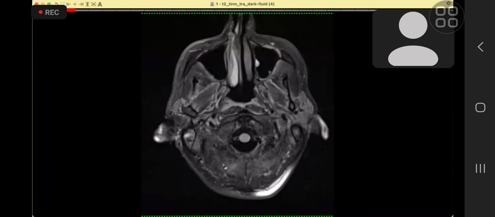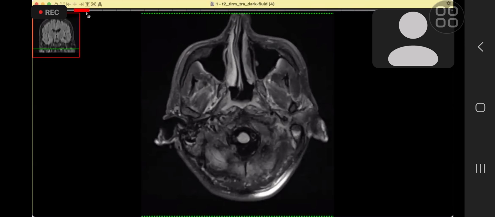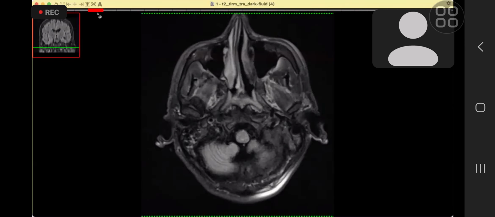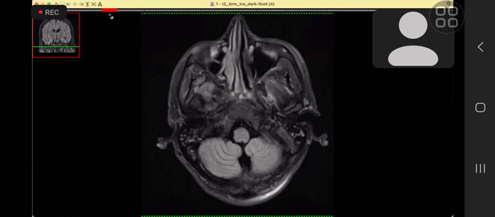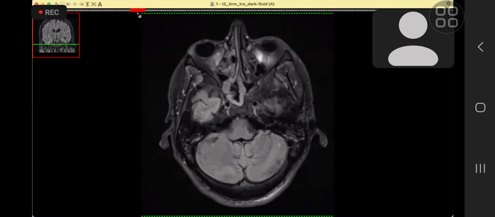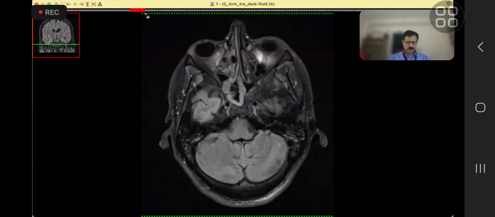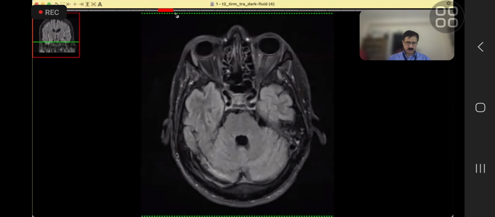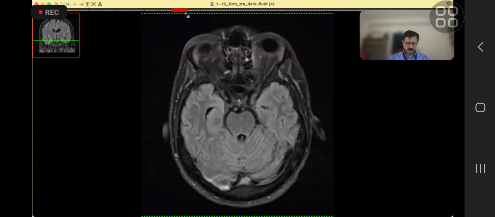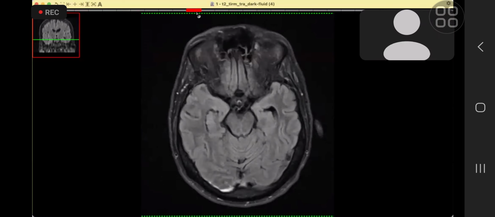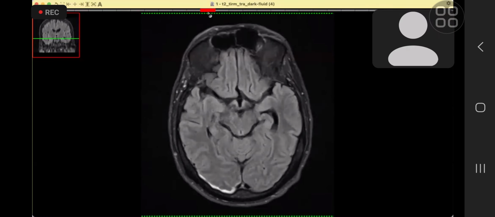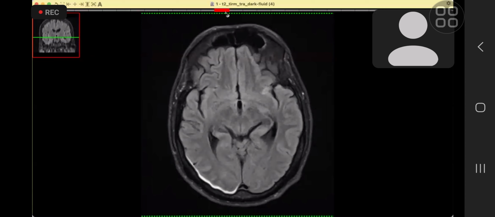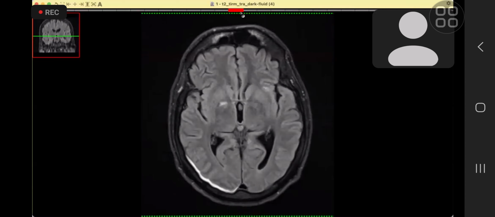There is some heterogeneity along the occipital bone, and bilateral mastoid cells show some fluid as well. Look at the brain parenchyma, please. We are looking for the cause of the low GCS. Okay. I'm further scrolling up.